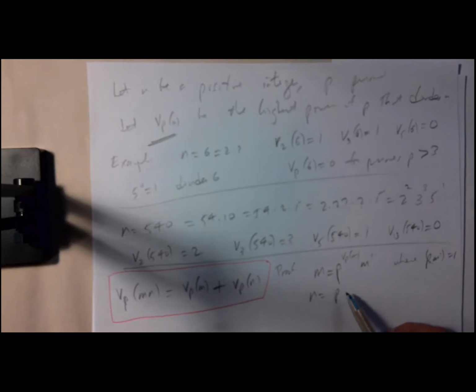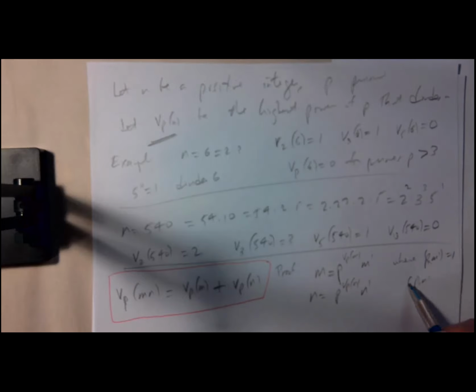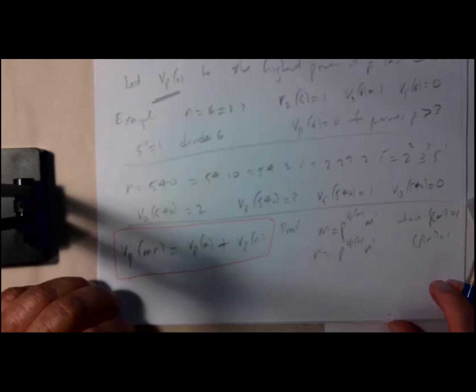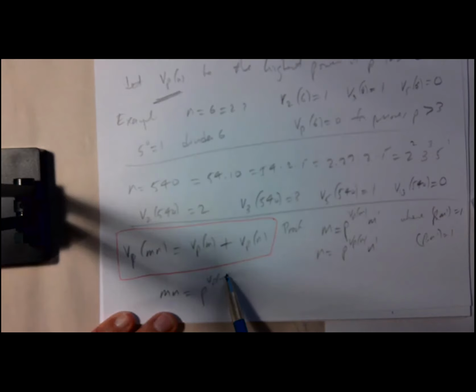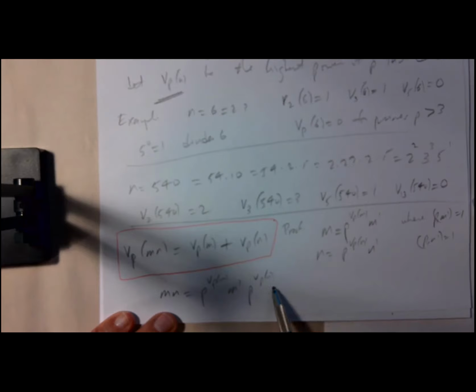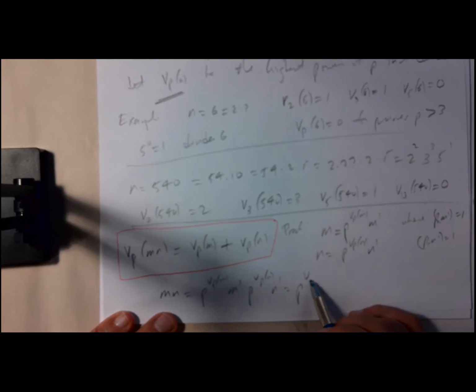And n is p to the v sub p of n times some number n prime, where p and n prime are relatively prime. So if I take m times n, that's p to the vp of m, m prime, p to the vp of n, n prime. That's p to the sum of the exponents times m prime, n prime.